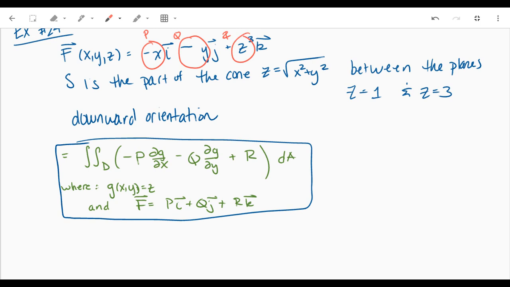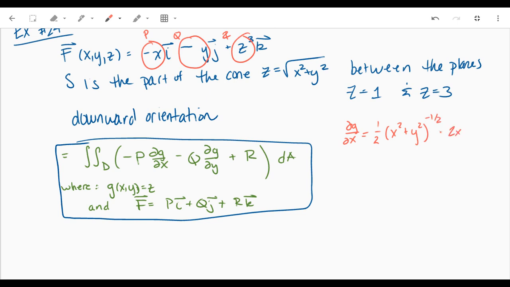Okay. And then our surface, z is the square root of x squared plus y squared. So take the derivative of that with respect to x. And we'll have 1/2 times x squared plus y squared to the negative 1/2 times 2x.